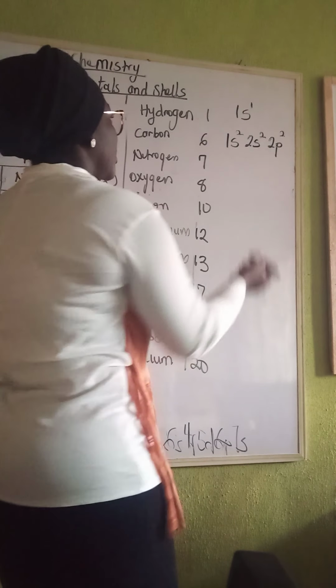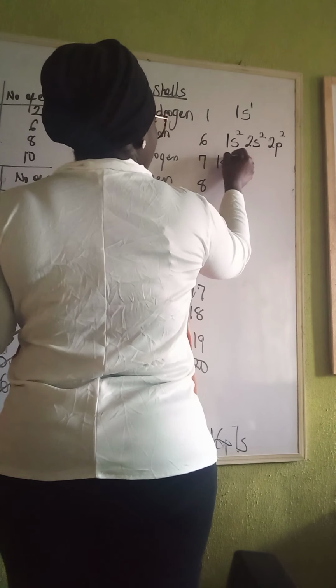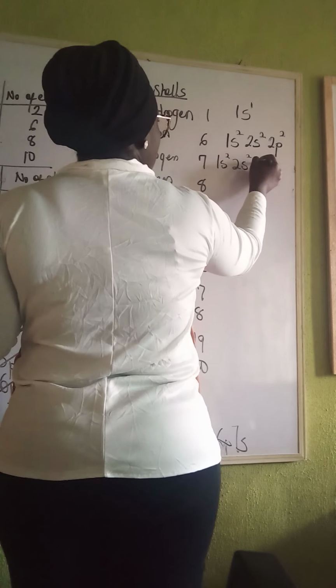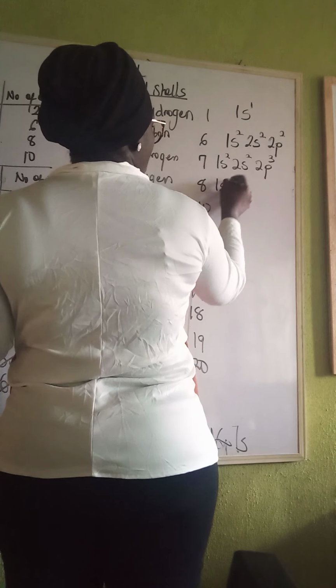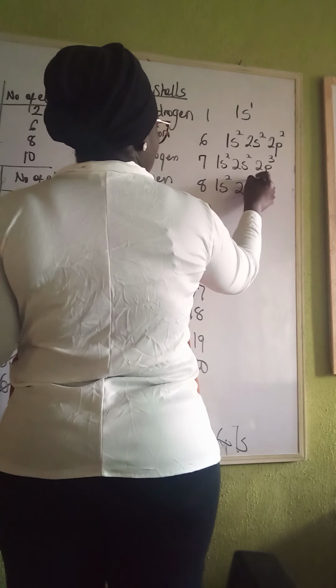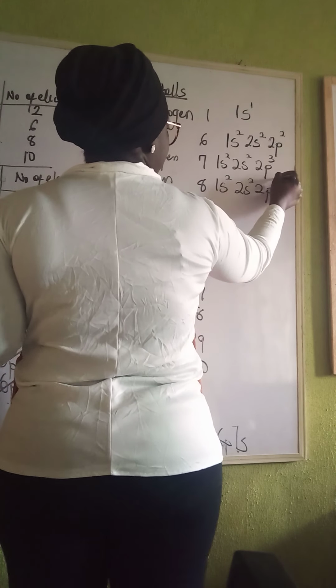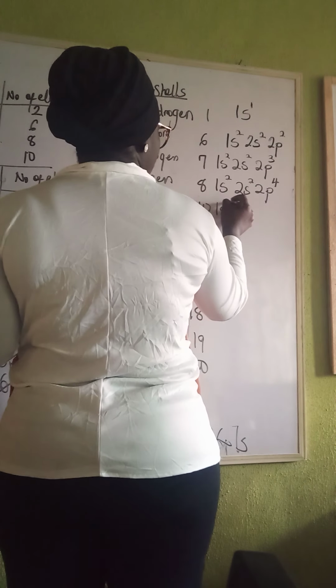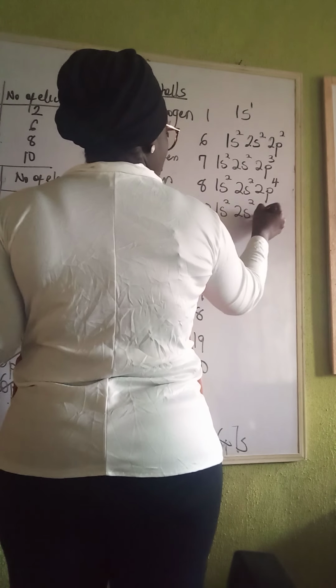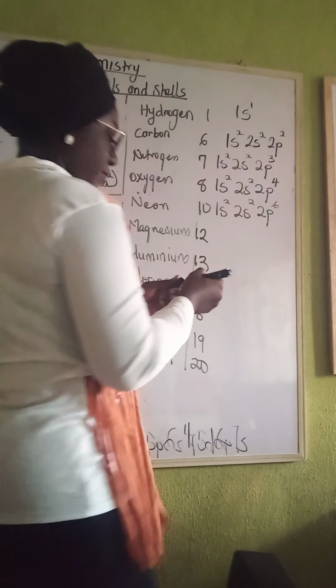Let's go to 7. So 7 will be 1s2, 2s2, 2p3. 8 will be 1s2, 2s2, 2p4. 10 will be 1s2, 2s2, 2p6.